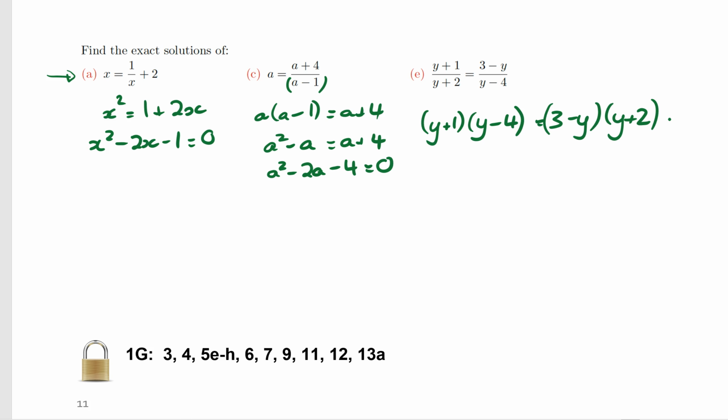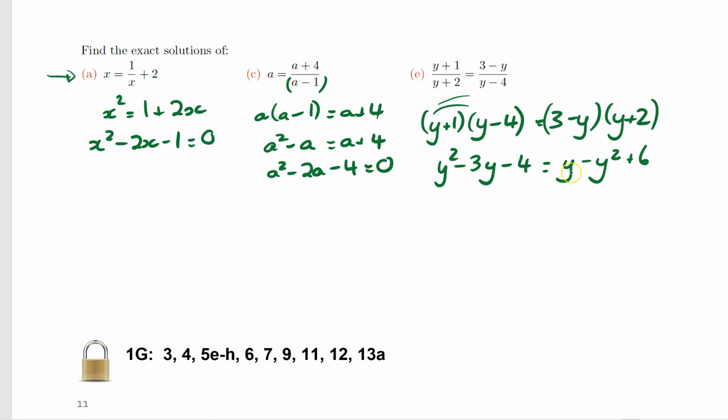Next step, expand stuff out. So that will give us y squared minus 4y plus y, so that's minus 3y minus 4. And over here, I'll have 3y minus 2y, so that will be y, minus y squared, and plus 6.